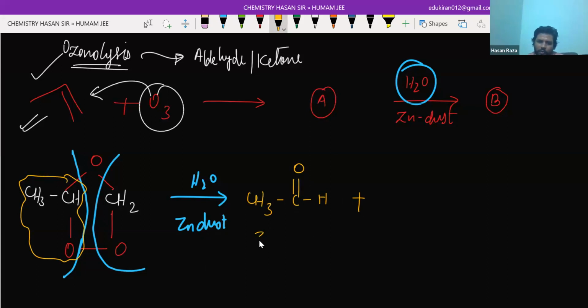So this is your ethanal. On the right hand side, two hydrogens are there and one oxygen, so you make a double bond. This is also an aldehyde, known as methanal. So very simple: make a home, break a home, and then satisfy the bonds of the carbon, and you will get the answer.